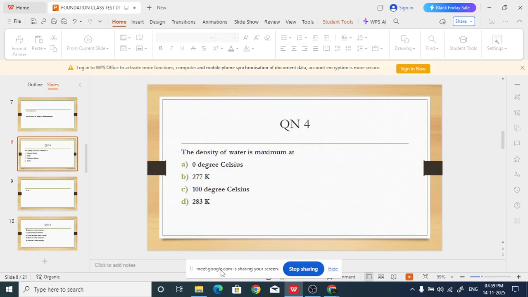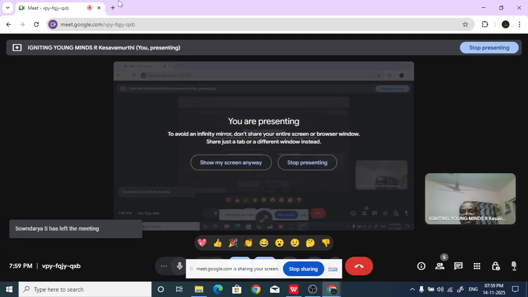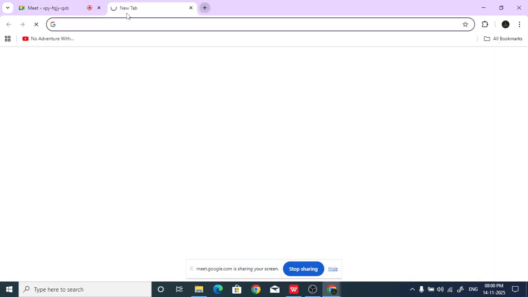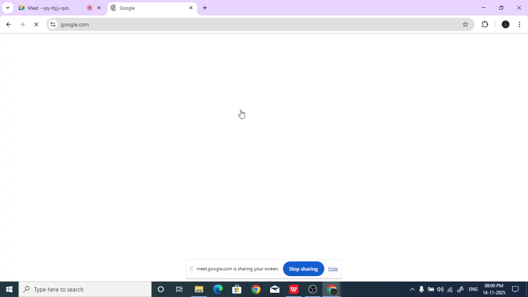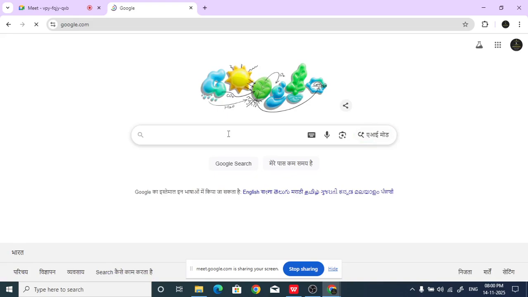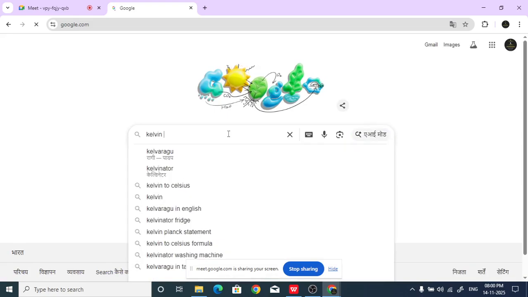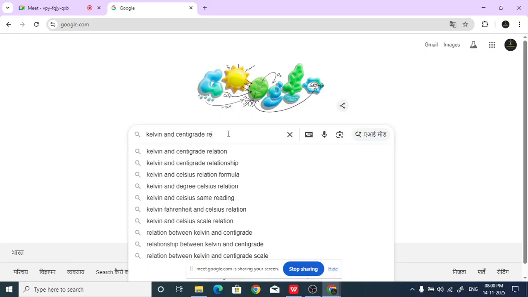So what is Kelvin all about? It is used in international stations. It is the SI unit of heat. We'll see what is the relation between Kelvin and centigrade. What is the relation?